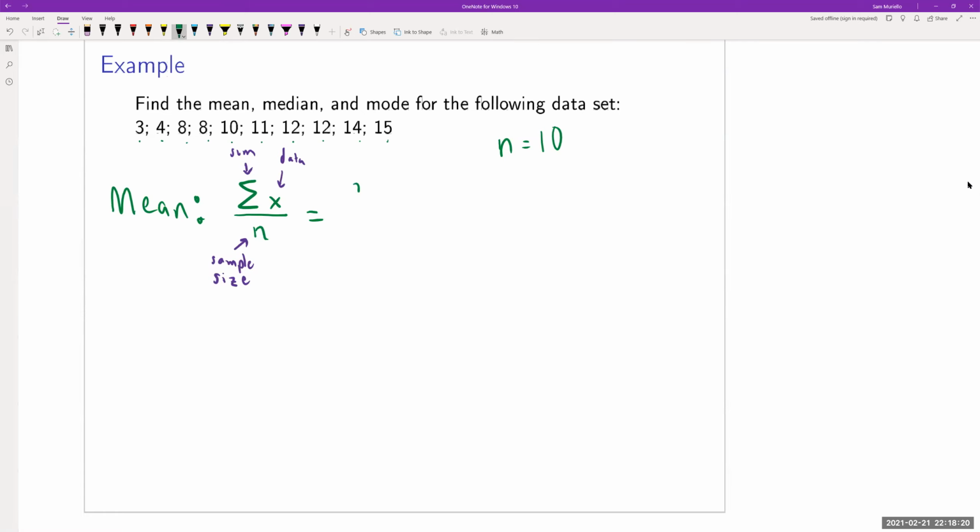So in this scenario, we have 3 plus 4 plus 8 plus 8 plus 10 plus 11 plus 12 plus 12 plus 14 plus 15, all divided by 10. We can plug this into our calculator in order to find the final answer.